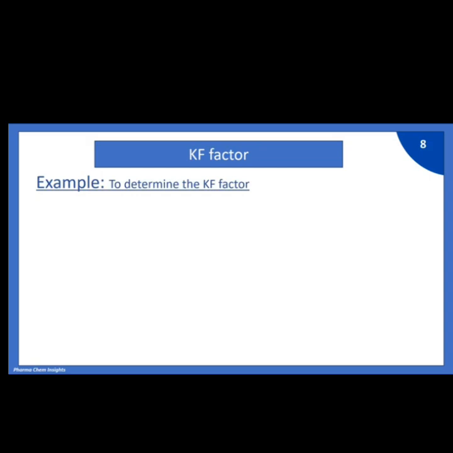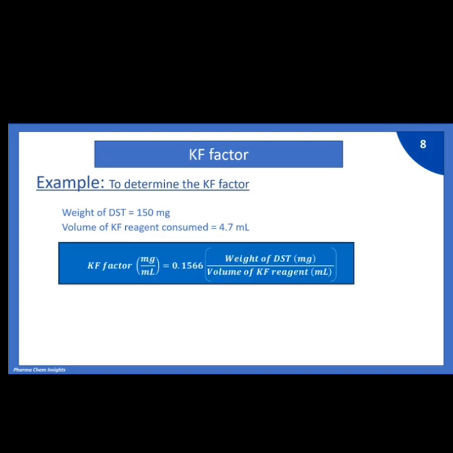Now let us understand with the help of an example how to determine the Kf factor. Weight of DST taken is 150 mg. Volume of Kf reagent consumed for titration is 4.7 ml. According to the formula, Kf factor in mg per ml is equal to 0.1566 × weight of DST in mg divided by volume of Kf reagent in ml.